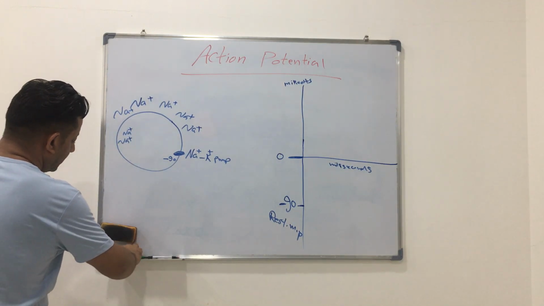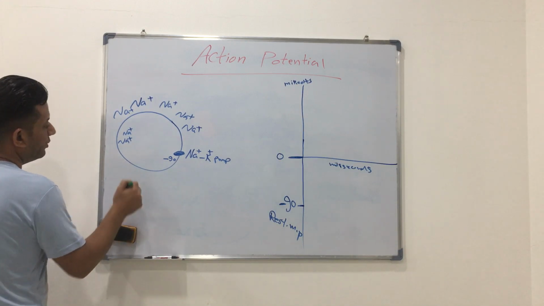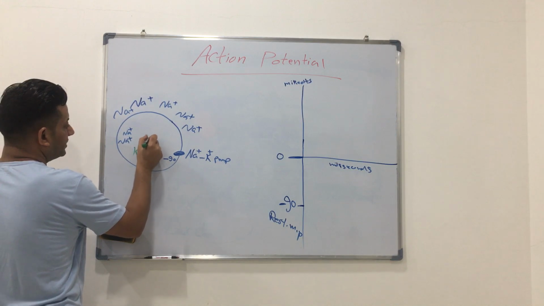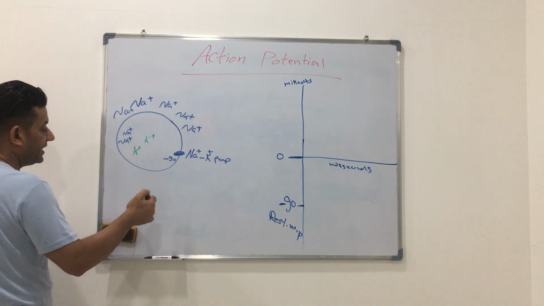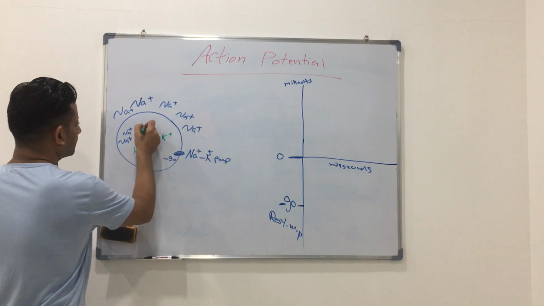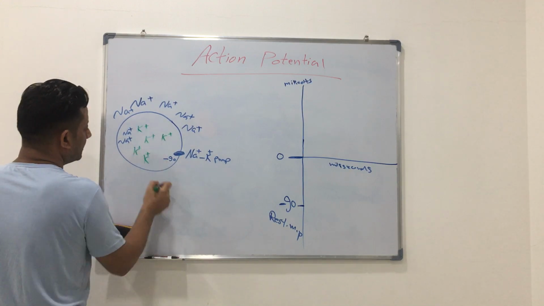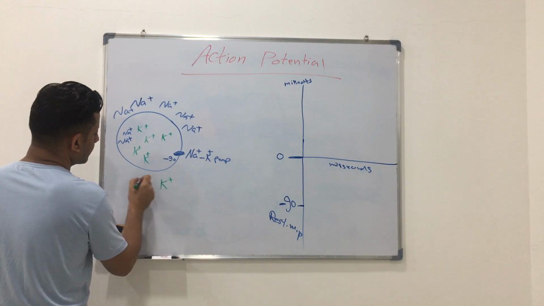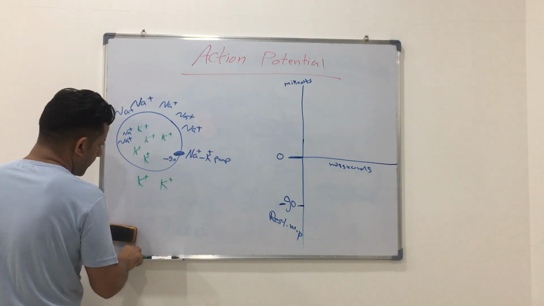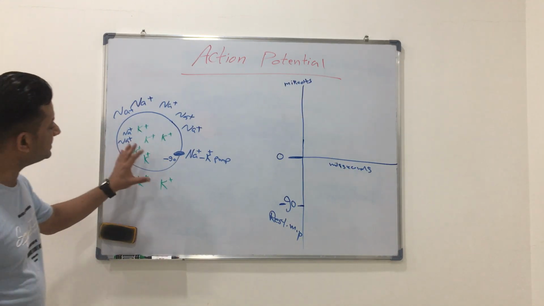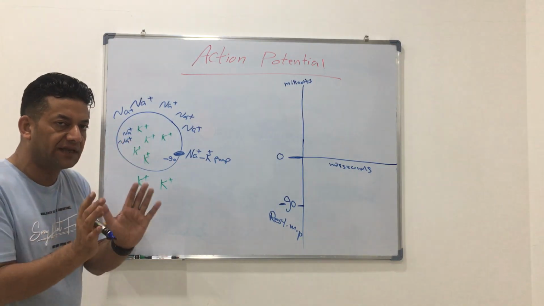While in the other direction, potassium concentration is very high inside the cell, also because of the sodium potassium pump. So the cell is now at a rest state.